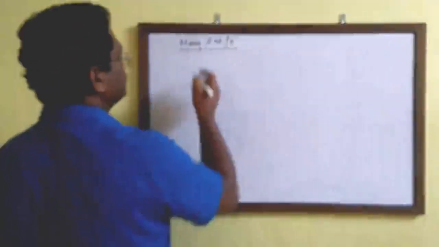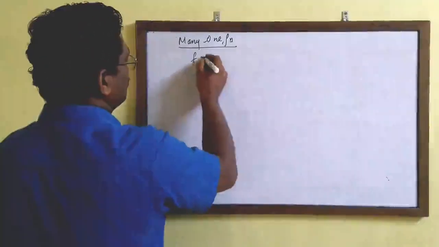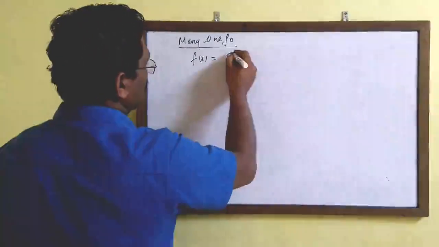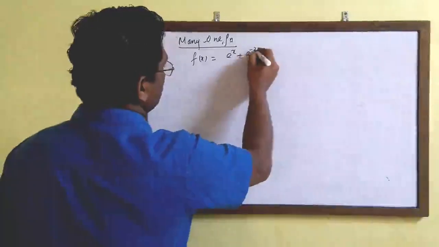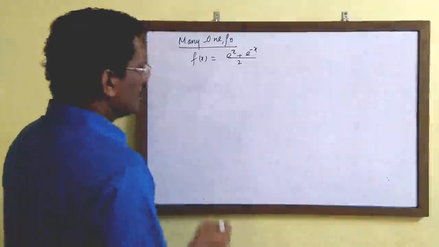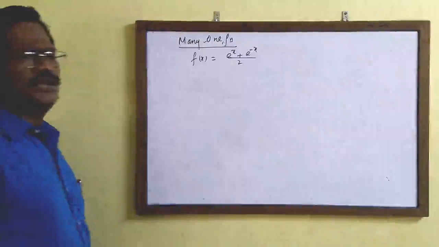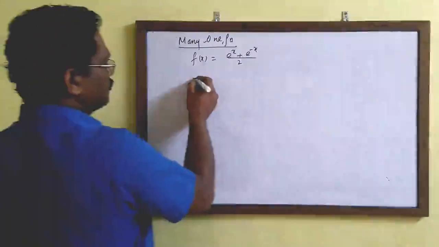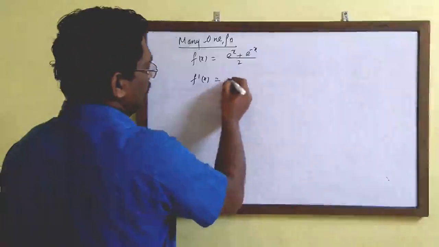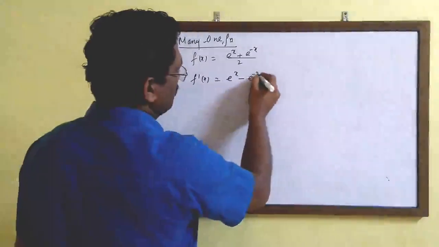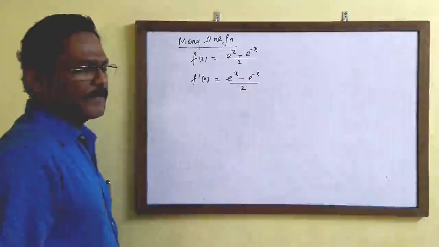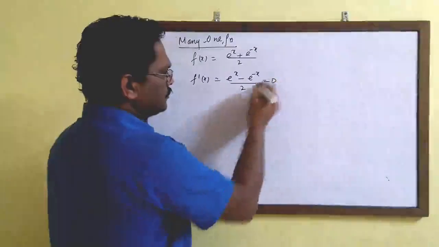Now if I say that f of x is equal to e to the power x plus e to the power minus x by 2, check whether this function is many-one or not. So I'll first find out f dash x, which is e to the power x minus e to the power minus x by 2. Now let's equate it to 0.